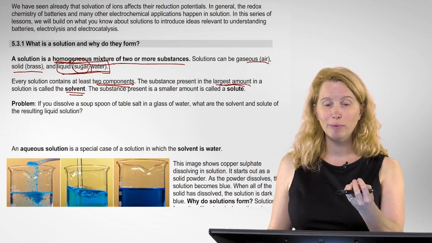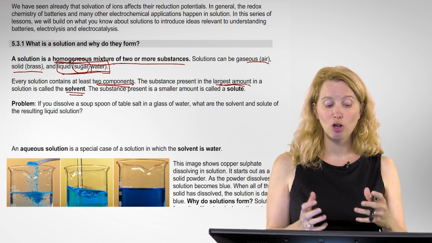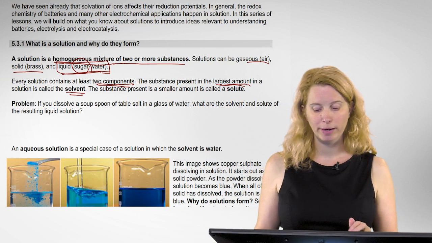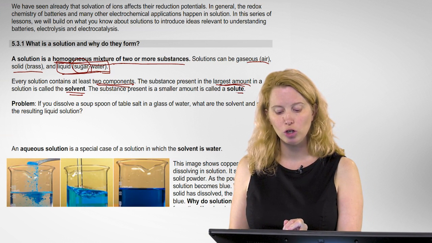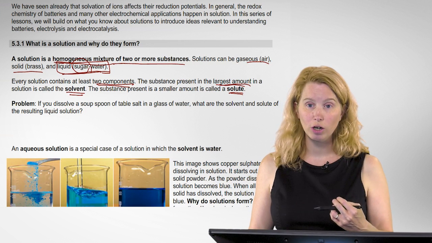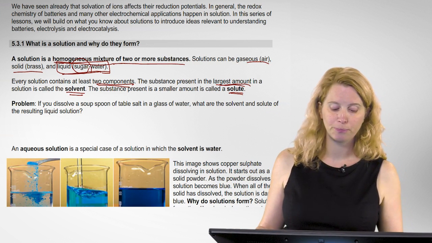So if we take a little bit of sugar and dissolve it in a lot of water, the solvent is the water. What's the name for the sugar at that point? The substance present in a smaller amount is what we call a solute. So the sugar is the solute in that particular circumstance.